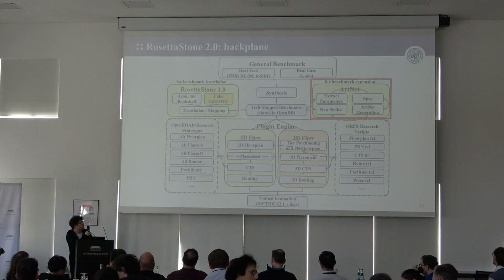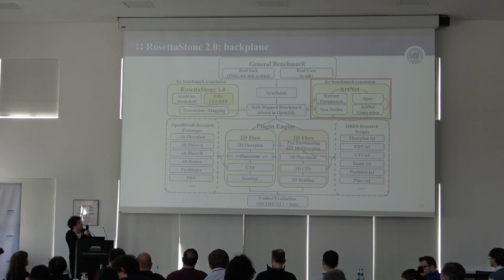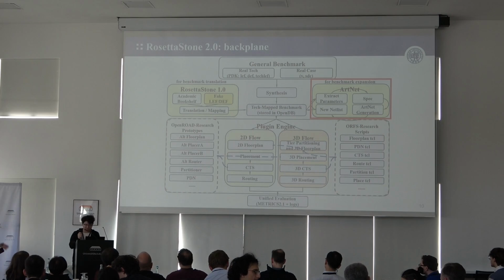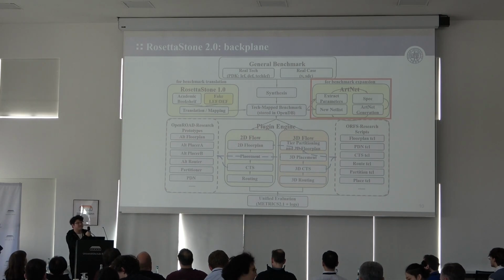ArtNet uses this information to generate the spec file, and then we can use the spec file to generate a new netlist. Oh, so you input the spec and then... Yeah. Also, timing path lengths are somewhat controllable in the generated netlists.